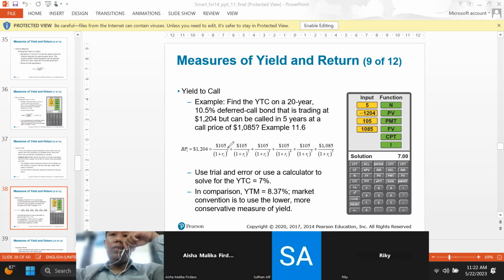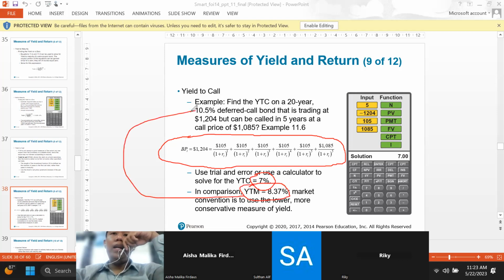If we calculate this bond, this is the model that we can use to calculate here. It says the bond will have a yield to call of 7%, but the yield to maturity is 8.37%. So yield to maturity is the case where the company decided not to call the bond after 5 years.